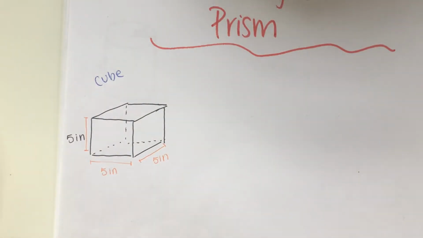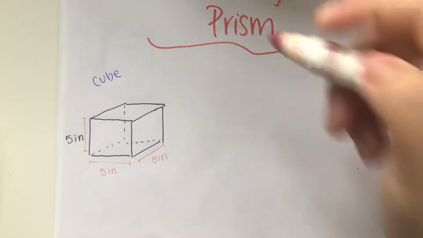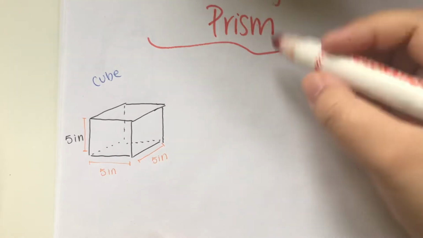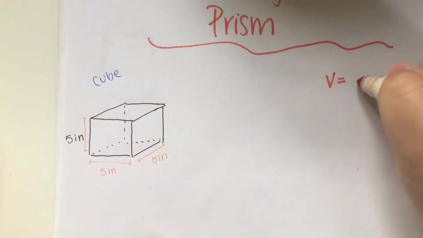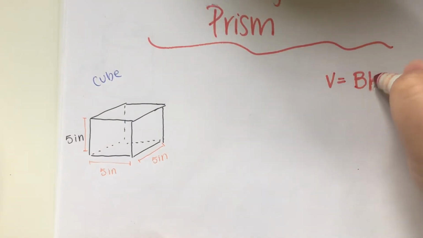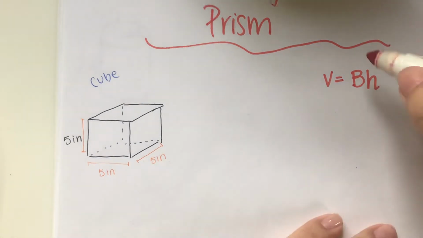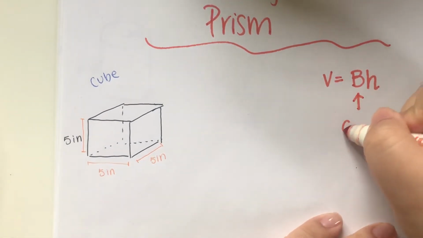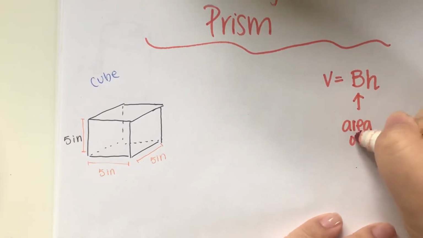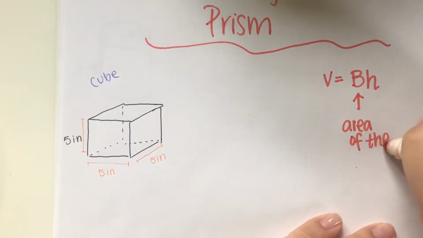Now, in order for me to find any volume of a prism, right? Any type of prism's volume is equal to base times height. Now, the reason why I write B as capitalized is because this is representing area of the base.